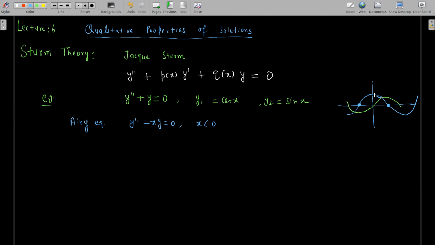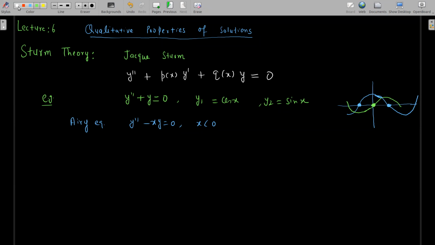So in other words, one solution has two roots. There are many roots, but I am talking about this branch only. And between these two roots, sin x has one root. So in other words, if one solution vanishes at 2 points, then another solution also vanishes in between at 1 point.